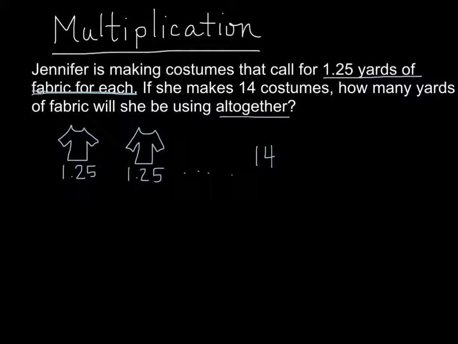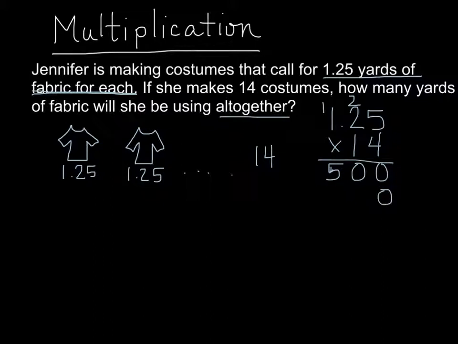So in order to do this problem, we have our 1 2500 yards of fabric for each costume, and we are making 14 costumes. And since we're multiplying, you can go ahead and push all of your numbers to the right. 5 times 4 is 20. 4 times 2 plus 2 is 10. 4 times 1 plus 1 is 5.